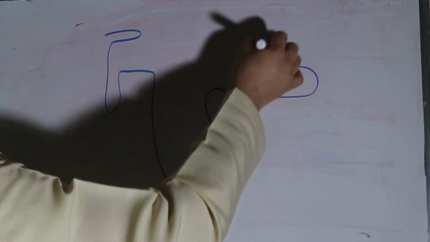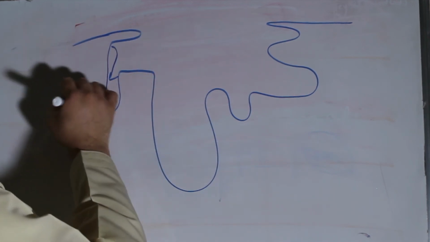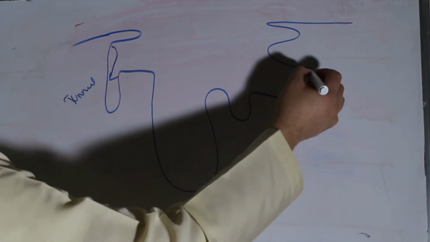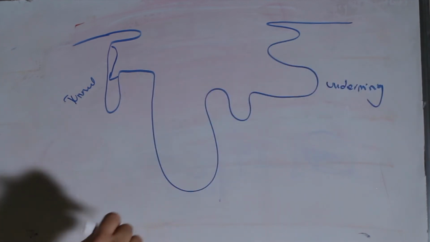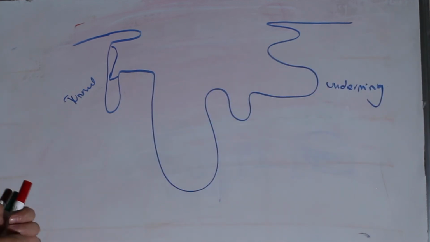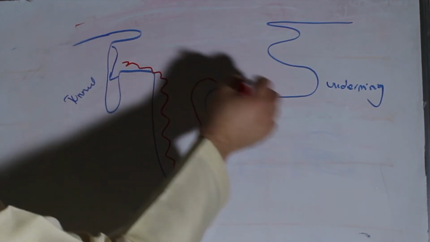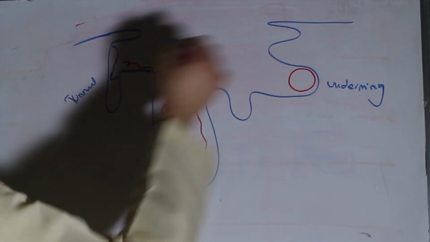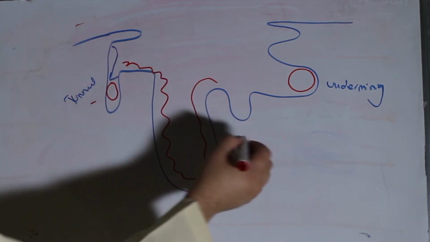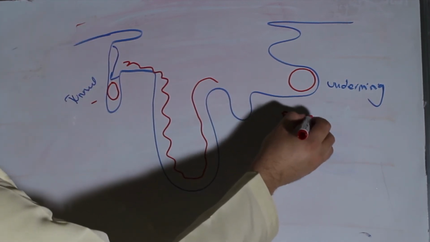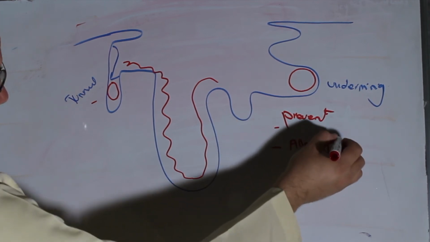There are so many fragments here, like this is a tunnel, and here this one is undermining, and so on. So until we allow the granulation to start to develop in this region, we should assure that we are dealing with this area in a proper way, in a way that prevents bacterial growth and allows the granulation to happen.